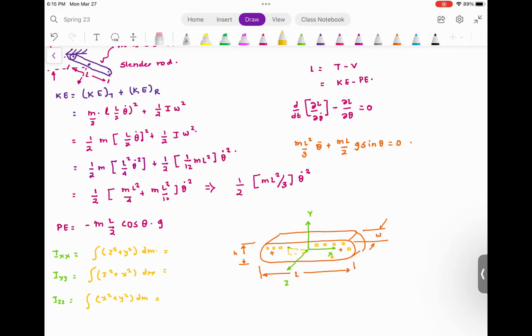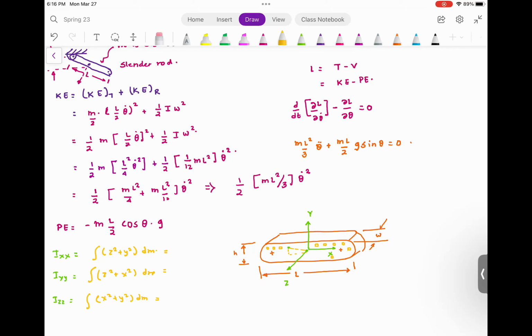So for Iyy, look at this z. You are in the z direction, which is minus w plus w, and in the x direction, which is minus L by 2 plus L by 2. If you are going to perform about z, then you are going to have x, which is minus L by 2 plus L by 2, and y, which is minus h by 2 plus h by 2.